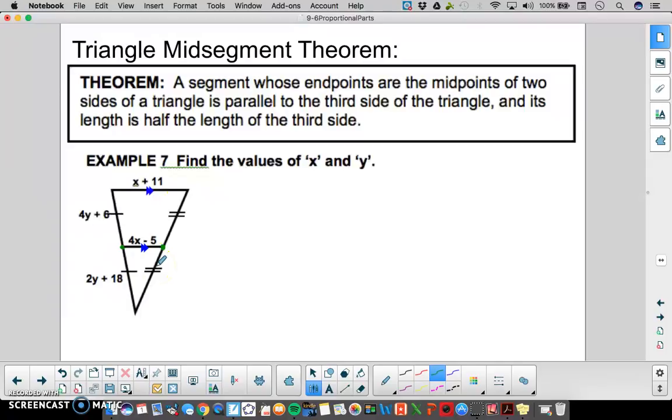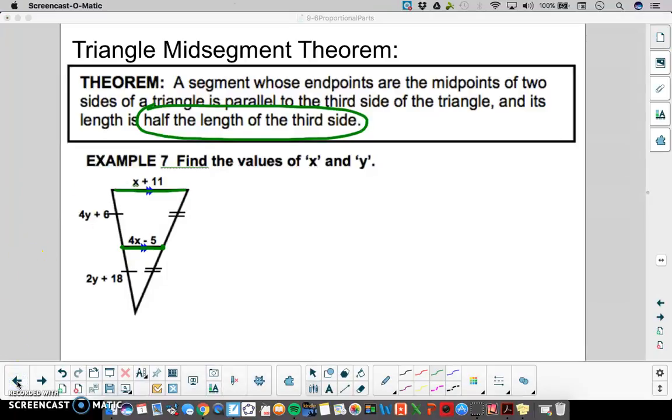Now what happens is the pieces on the sides are going to be congruent, but the two bases actually have a different relationship. They have a 2-to-1 relationship. This piece 4x minus 5 is going to be half of x plus 11.